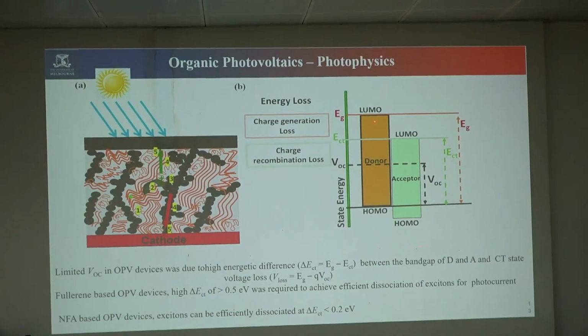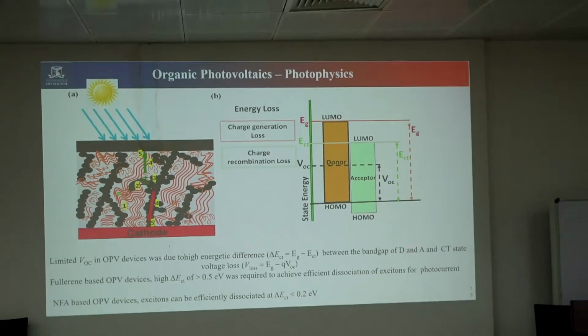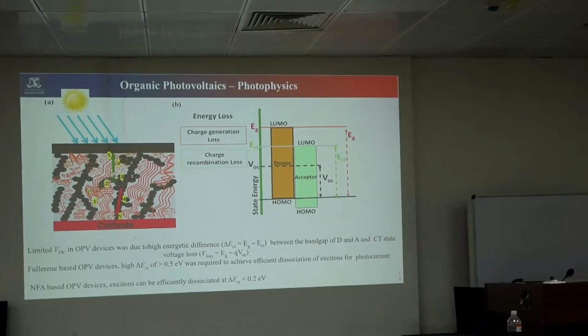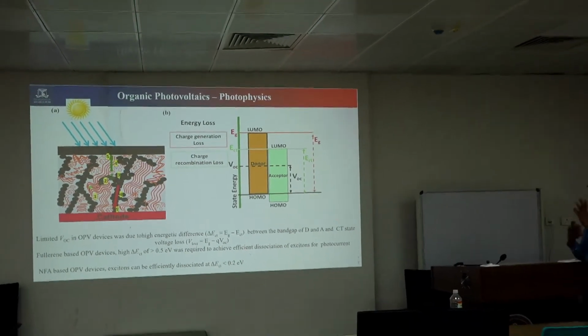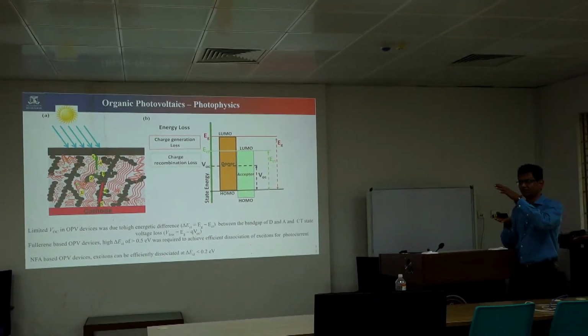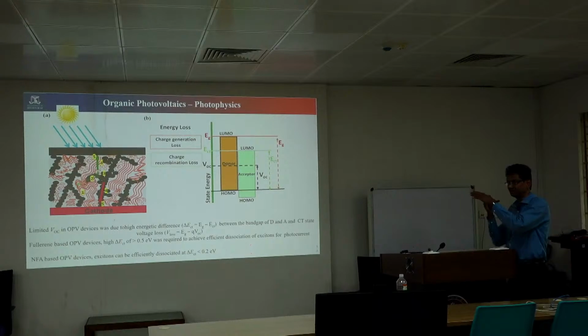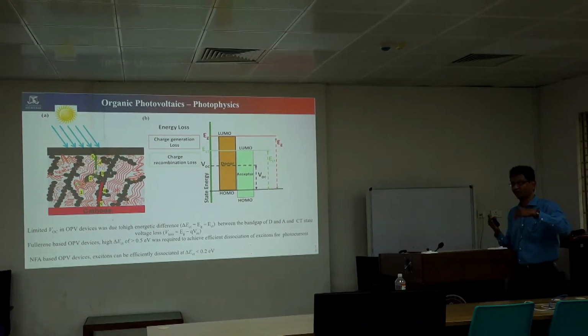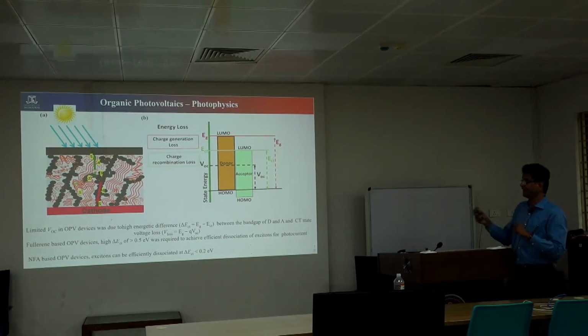So even at this maximum, we are losing a lot of energy. By energy I mean the voltage, the band gap, which is also nothing but energy. The band gap also determines light absorption, because the input light energy should be higher than this band gap. Only then can the exciton be generated and excite an electron. If the energy is very low, it won't.